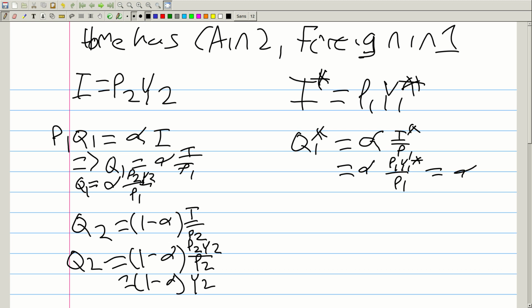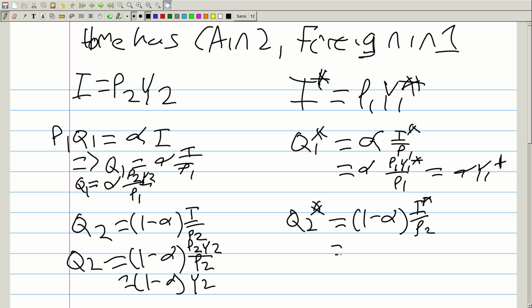We got that this is equal to alpha times Y1 star. Foreign's consumption of Q2, likewise, well, we can drag all of this over. This is all the same, 1 minus alpha. Remember that countries have identical preferences here. The only thing we replace is that we're now talking about foreign's income.